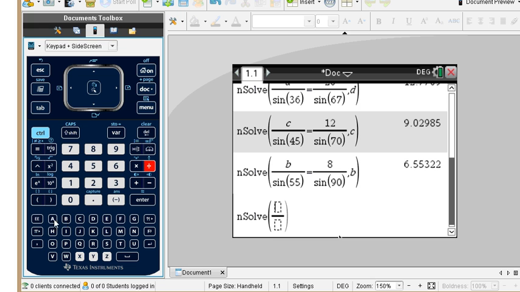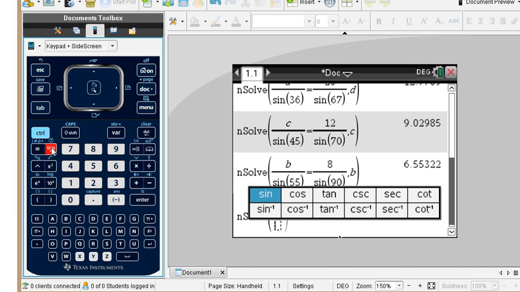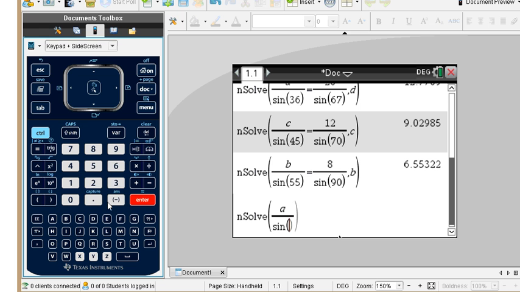We have A is to sine of 35 degrees as 8 is to sine of 90 degrees.